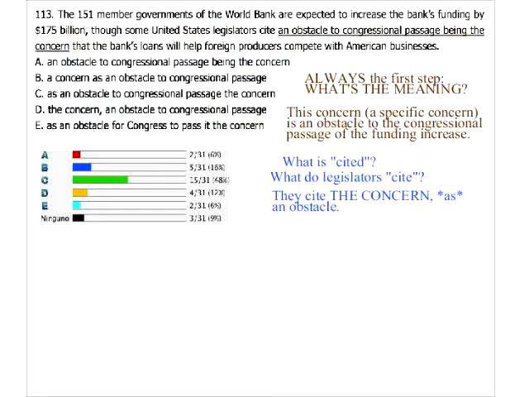So that's significant too. Because if you take a look at a couple of these other choices here, if you look at choice A, they cite an obstacle, that's not really the point. They cite the concern is what it should say. So we don't like that.